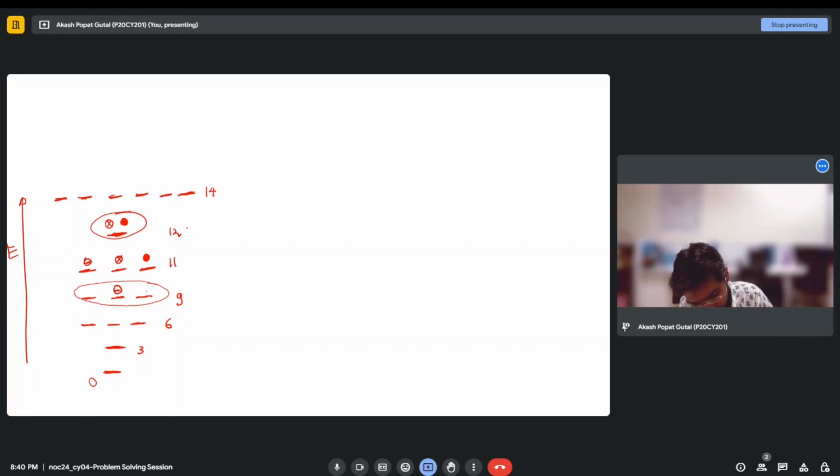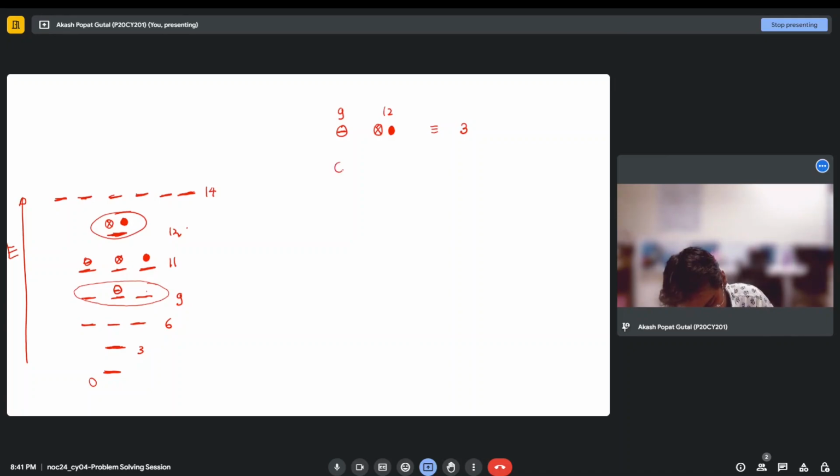So for this aspect, we only have three combinations. And for 11, if you see, each particle can have degeneracy 3.